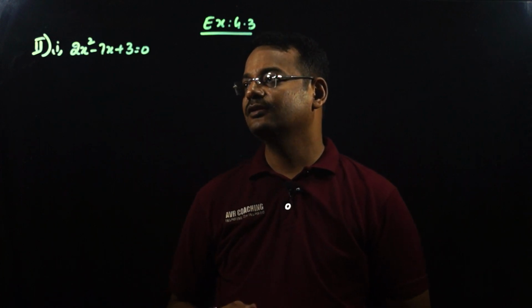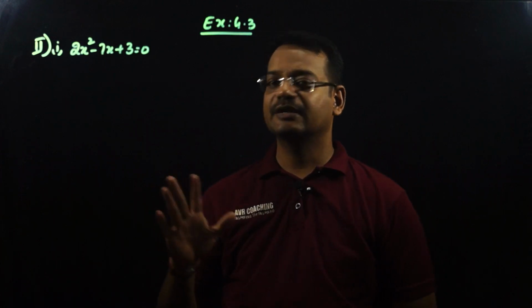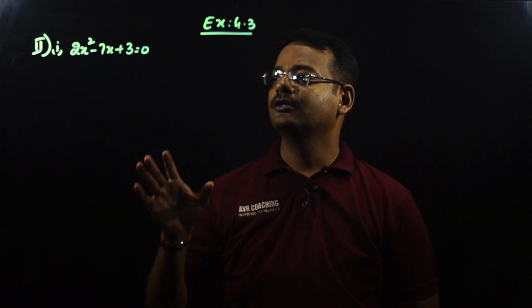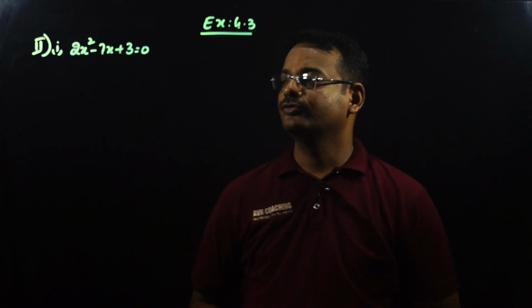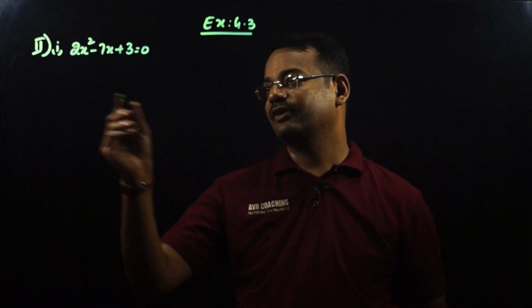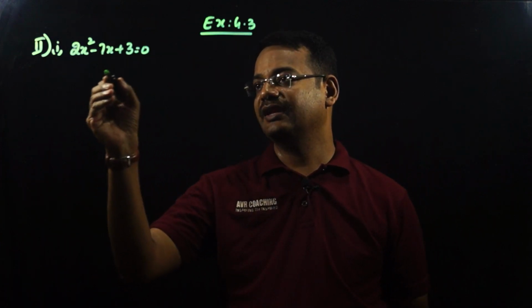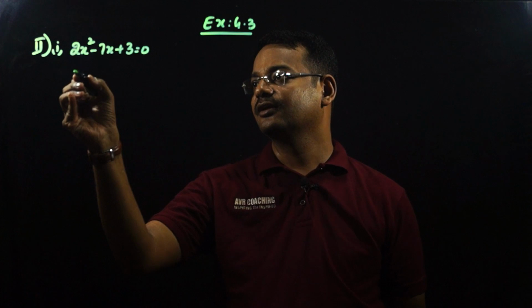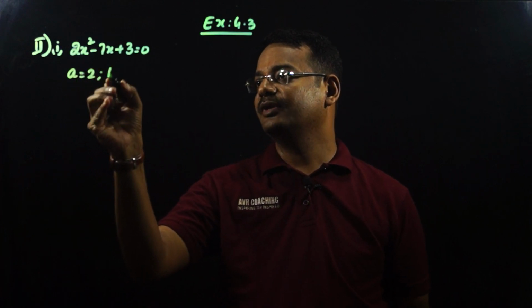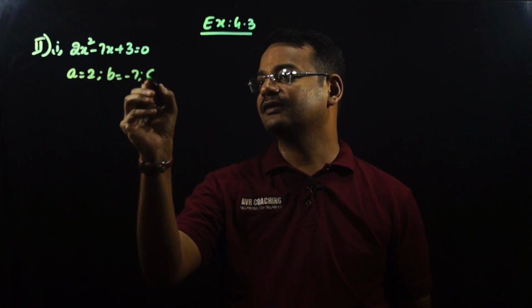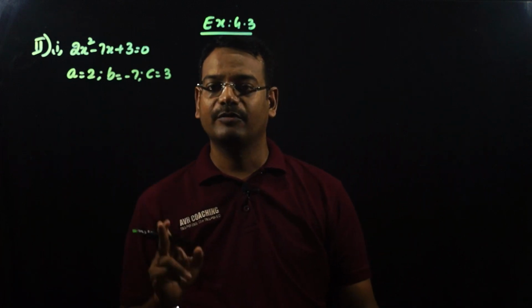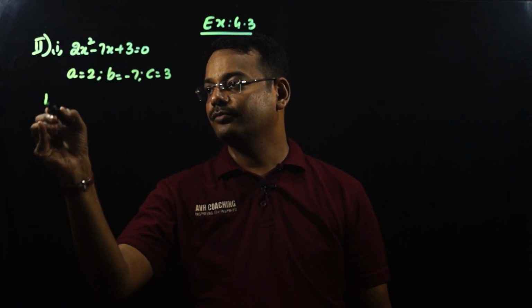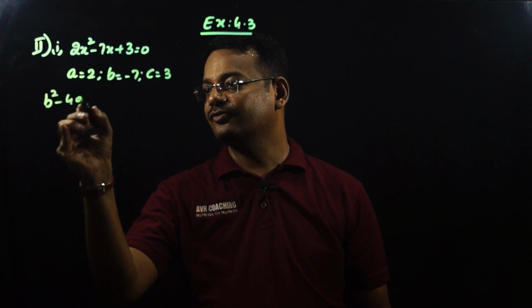Exercise 4.3, second problem, first bit. In the second problem we need to find the roots of the quadratic equation using the formula. So when we compare the given quadratic equation with ax square plus bx plus c, a is 2, b is minus 7 and c is 3. So we know that when we are applying the formula method, we have to find b square minus 4ac.